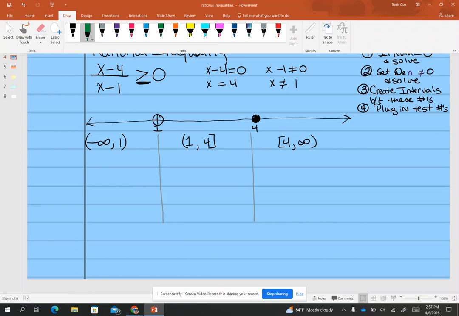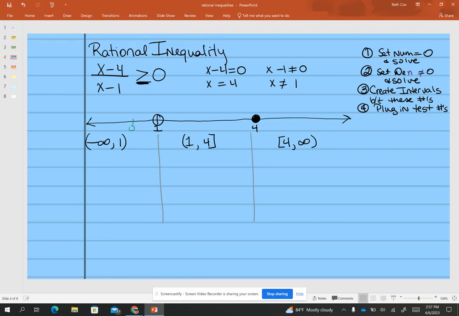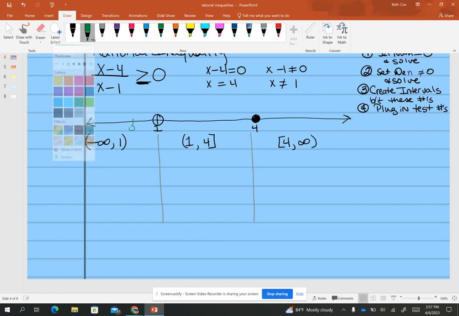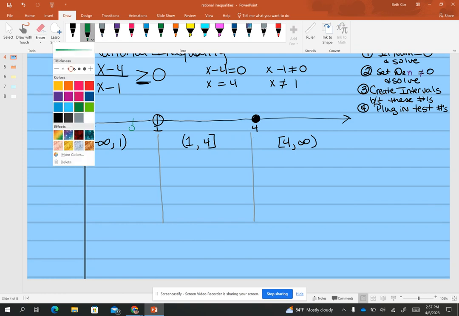So I'm going to test a number here. What's less than 1? Well, there's all kinds of numbers less than 1. I can put a 0 here. So let's test 0.